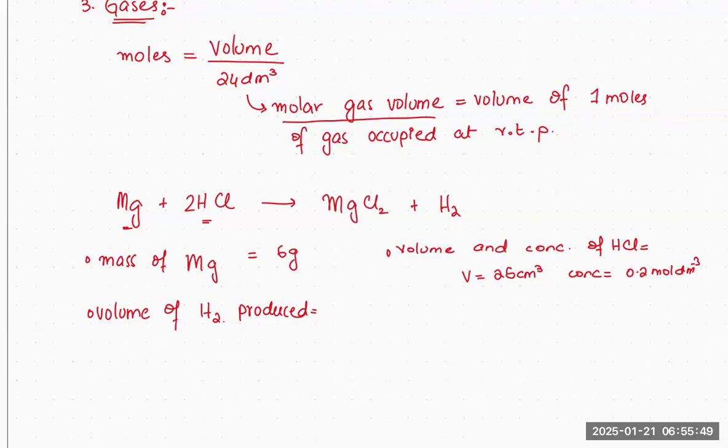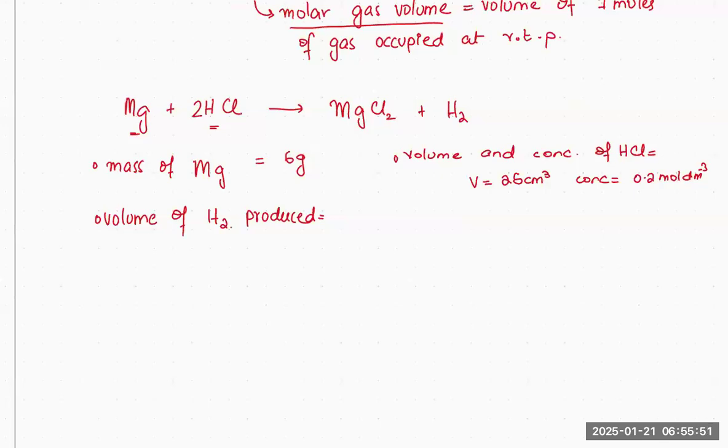Okay. First, you're going to find the moles of magnesium. You have the mass. Mass is given, right? So we will use the formula of mass over molecular mass. So moles is equals to mass, which is 6 grams, divided by molecular mass.